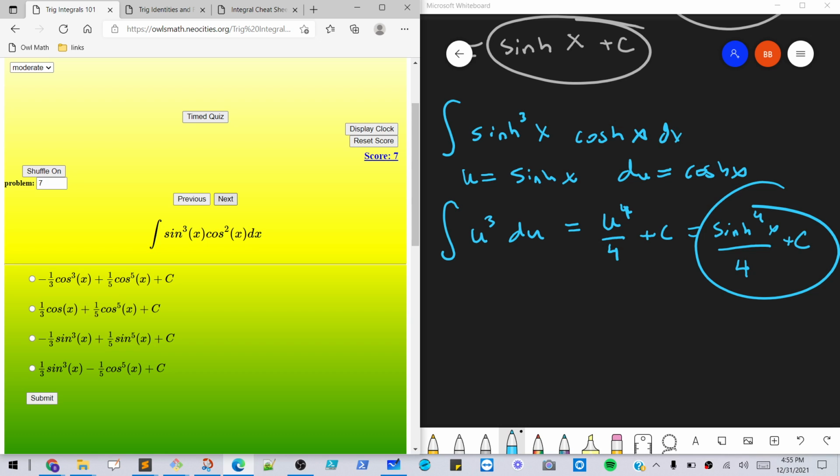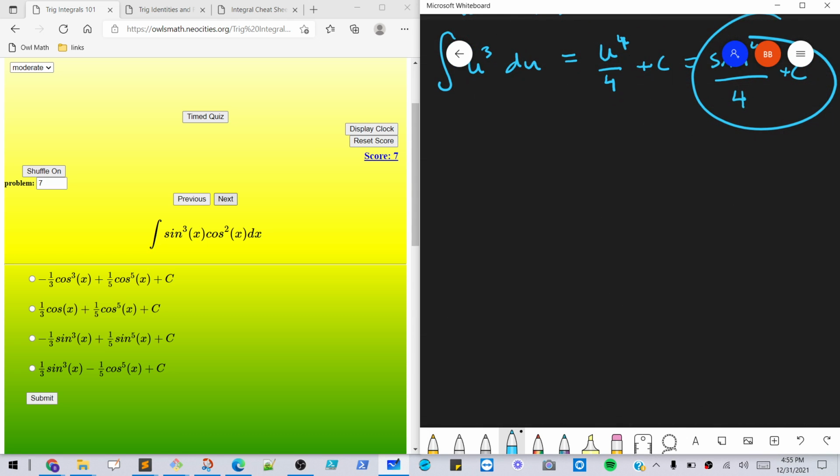Okay, interesting. How do I want to approach this? So we have sine cubed x cosine squared x dx. Usually with a sine and cosine, you want to either use an identity or u substitution.